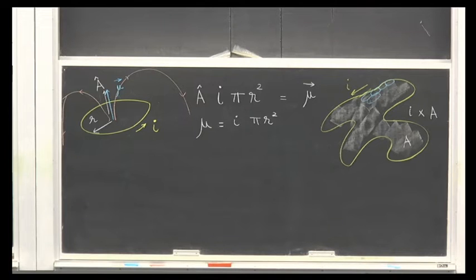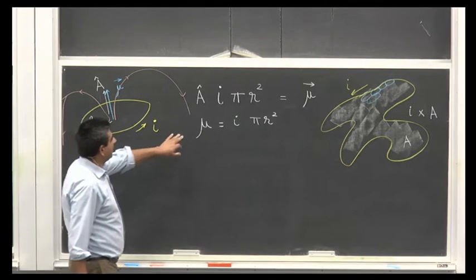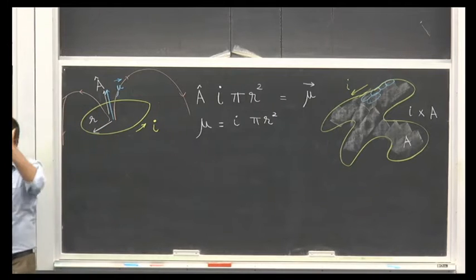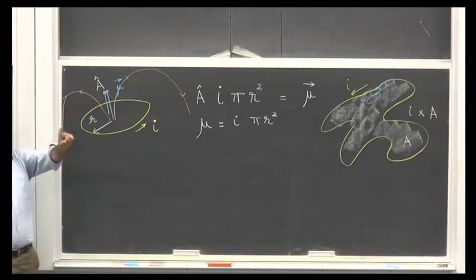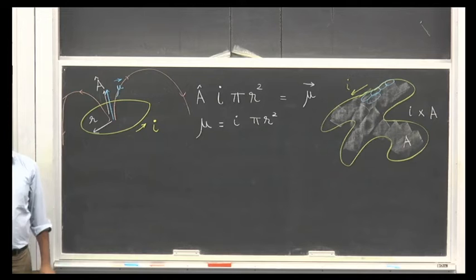Stronger the magnet, higher will be the value of mu. Larger the current, larger the magnetic moment. Larger the area, larger the magnetic moment. Now, if I look at this relationship here, mu, I can visualize in my mind that this moving charge is like a tiny magnet.